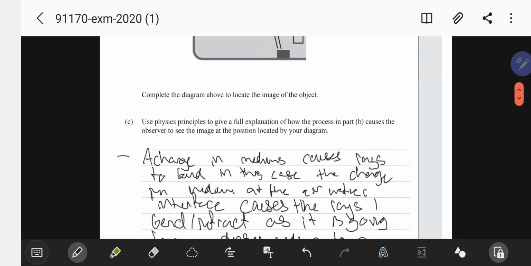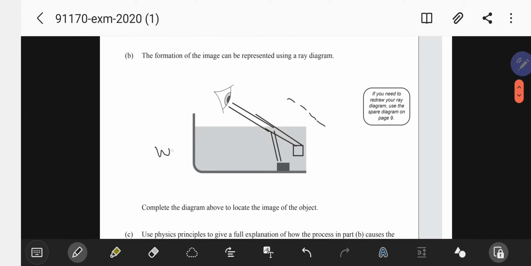Since it's going from a dense medium, which is the water here, to a less optically dense medium here.